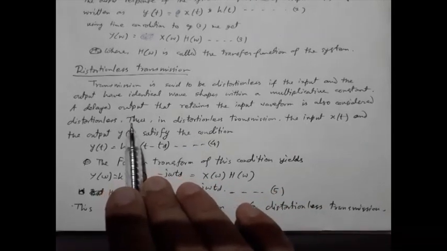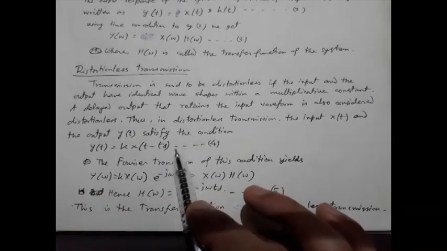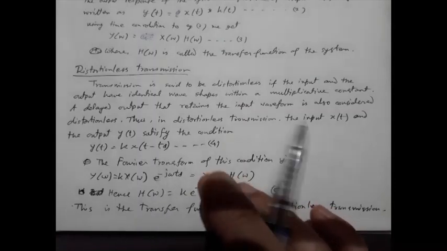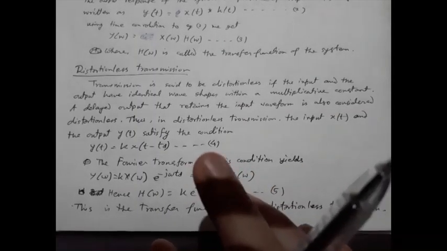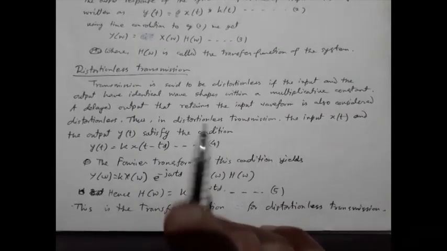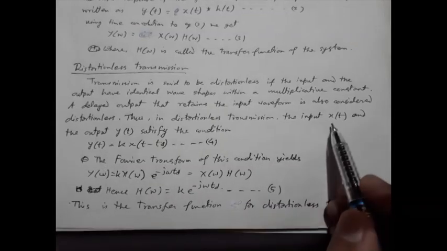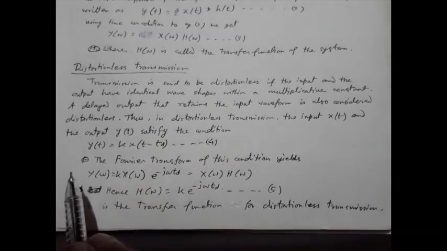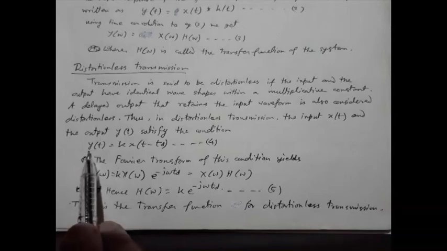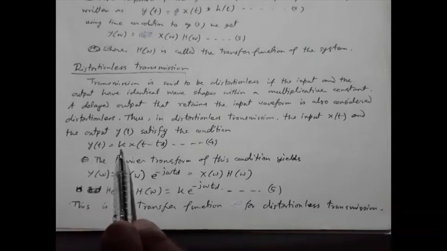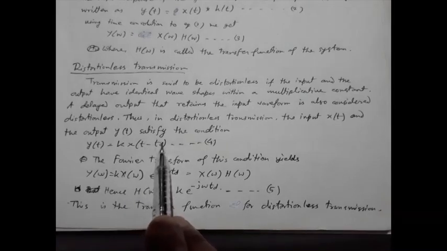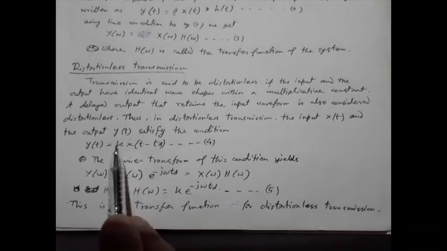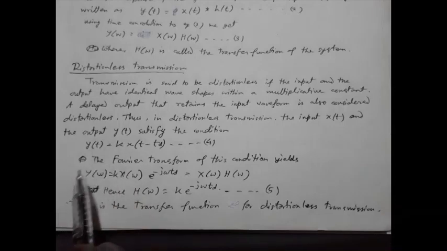But there may be some delay and some change in scale, that means the amplitude may vary. So if x(t) is the input signal and y(t) is the output signal, then for a distortionless transmission, y(t) must be equal to some constant k times x(t minus td), where td is some kind of delay and k is a constant scaling factor.